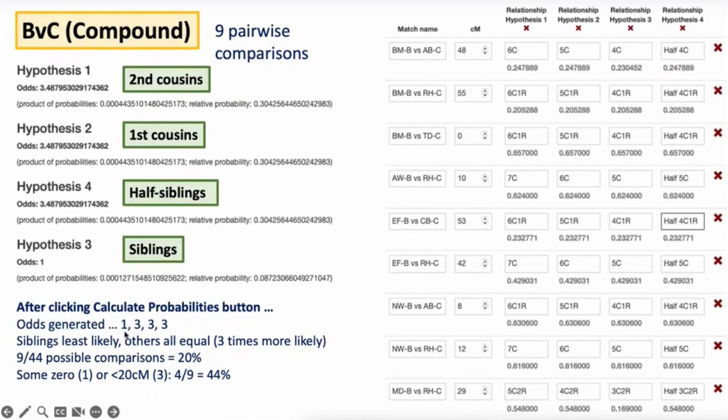The last analysis was a compound analysis between Family B and Family C, only 9 pairwise comparisons, and the odds generated were 1, 3, 3, 3 for the various hypotheses that you see here. There's 1 for siblings and 3 for half-siblings, first cousins, and second cousins. Siblings were the least likely, others all equal, 3 times more likely, but 9 of the 44 possible comparisons, only 20% of the potential data was used in this analysis, and some of the data points were 0 or certainly less than 20.